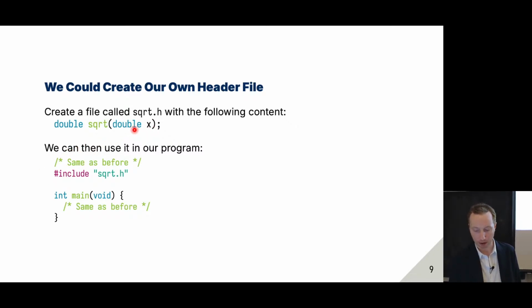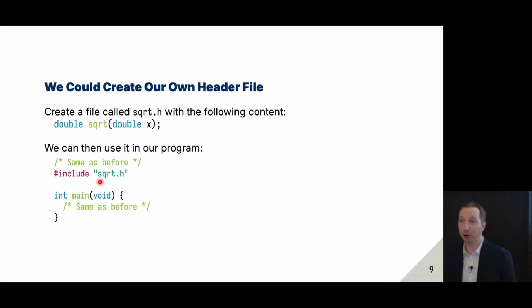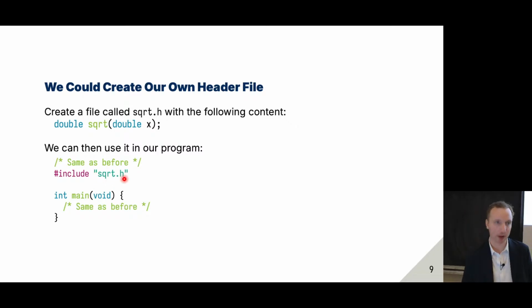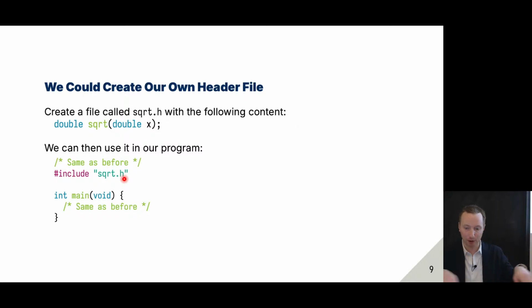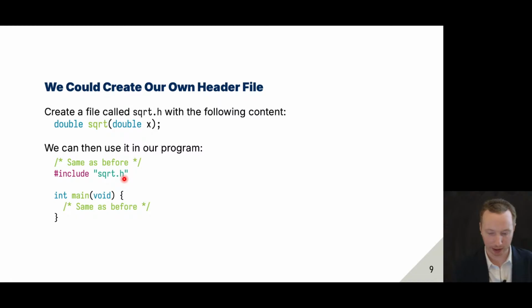And when I use it in my program, I could actually just do this. If I create a file called square root.h, so I'd create a header file, I could instead include the header file that I created. And you might notice here I have double quotes instead of those angled brackets. So it has a slightly different meaning.